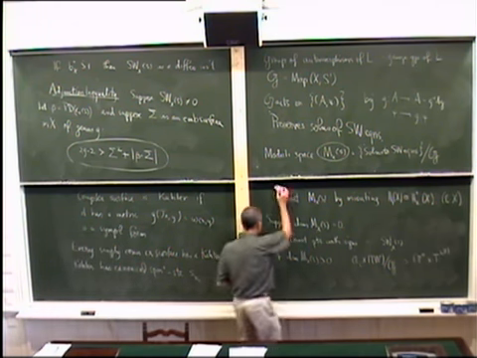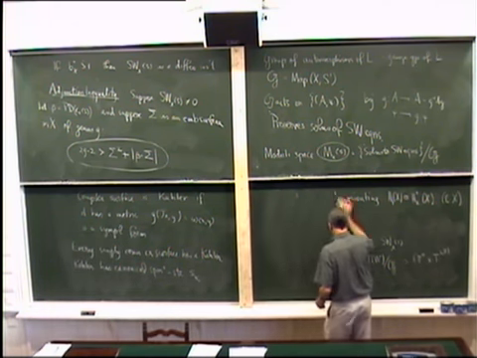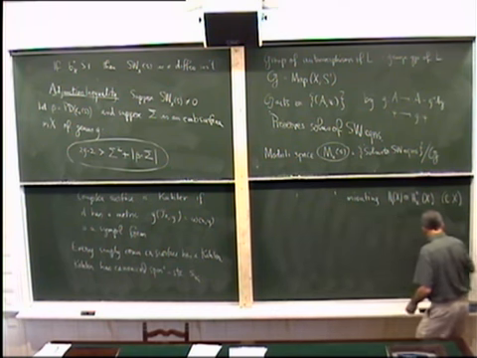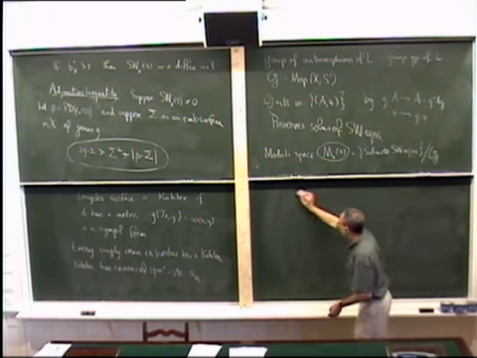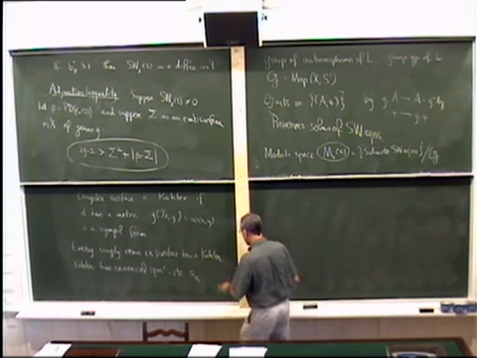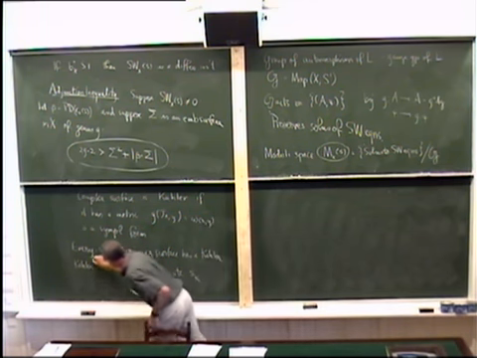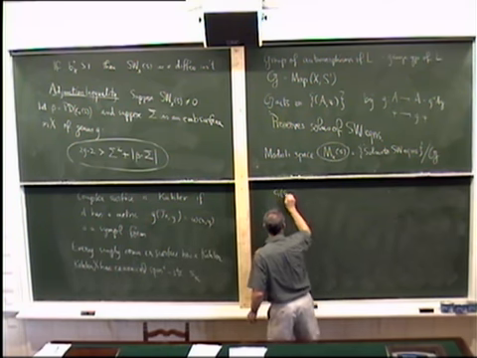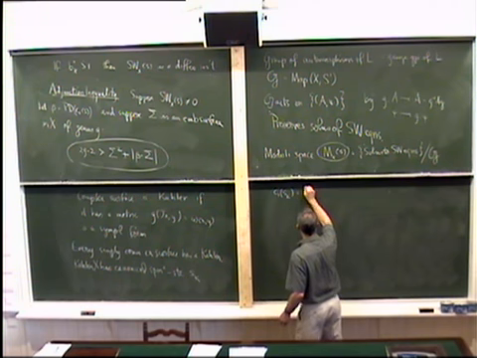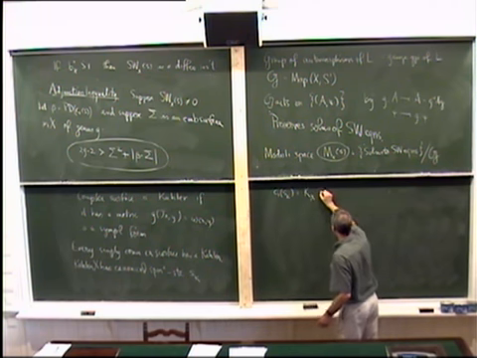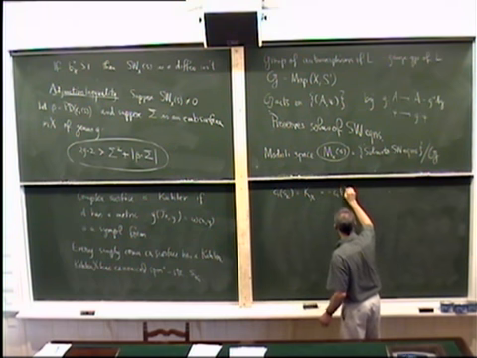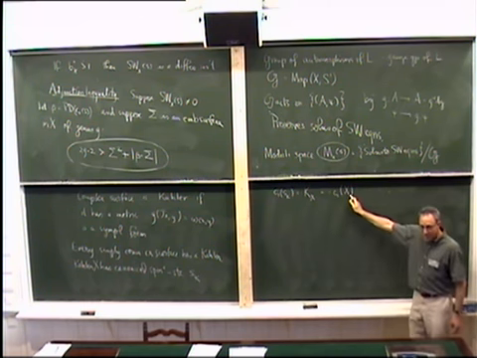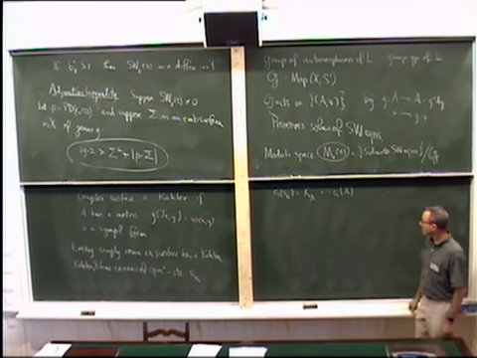And the first Chern class of S_K is the canonical class of X, which is minus the first Chern class of the tangent bundle of X with the complex structure.